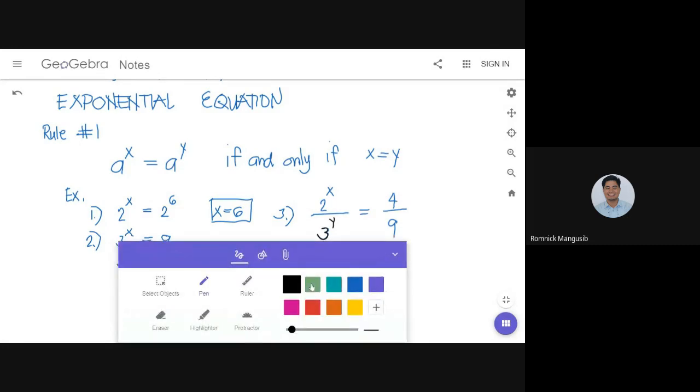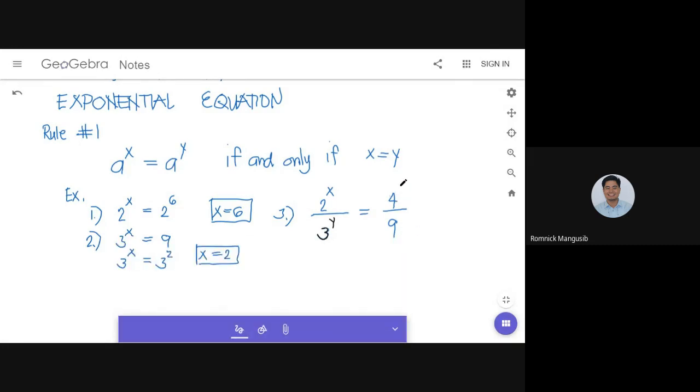Now, to guide you, kapansin-pansin naman na si 2 raised to x ay pwede nating i-equate kay 4. Why? Because 4 is simply 2 raised to 2. Isn't it? So, x is just 2. So, pag nire-write mo si 4, this is 2 raised to 2.